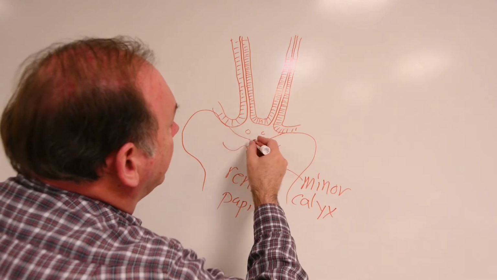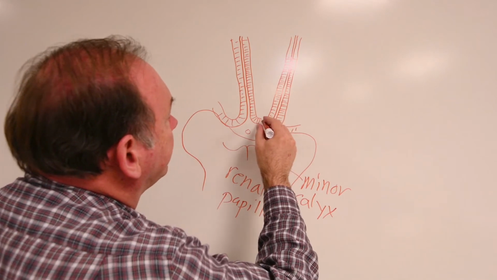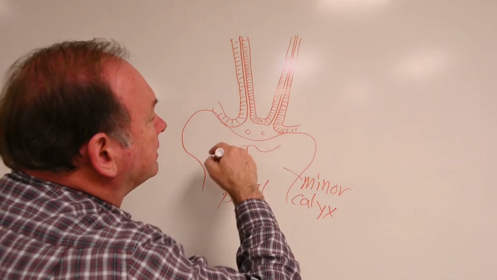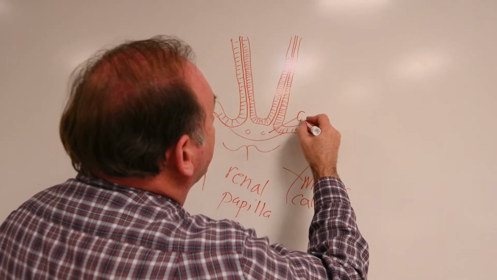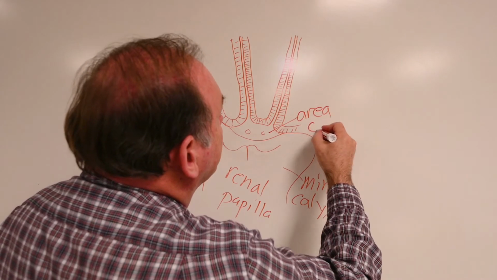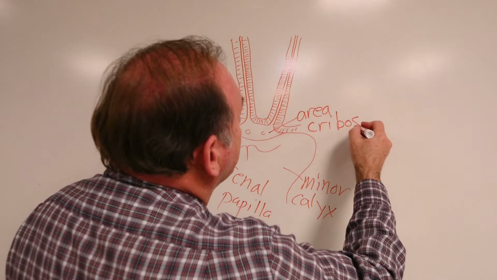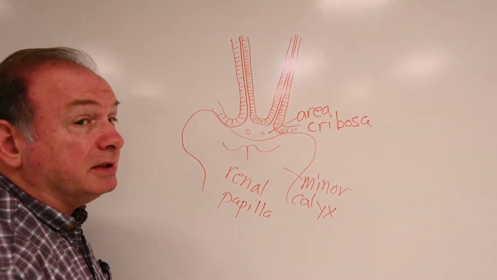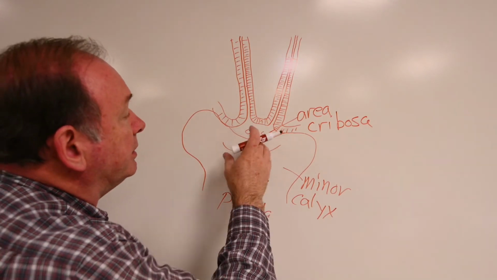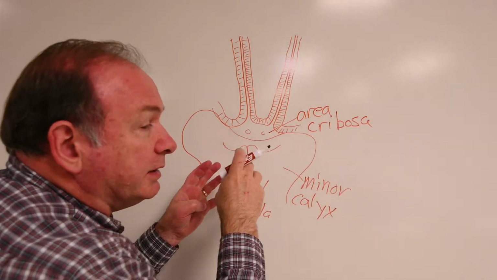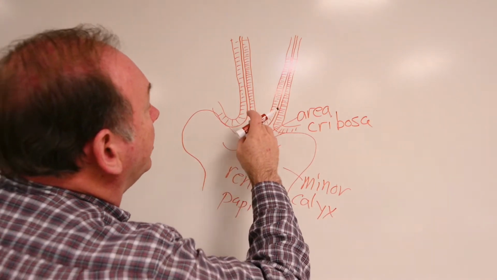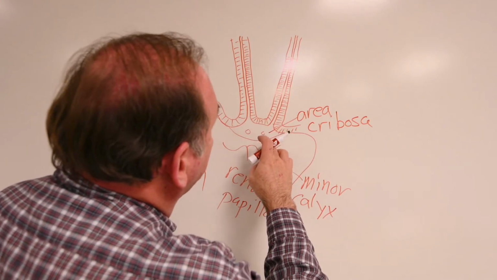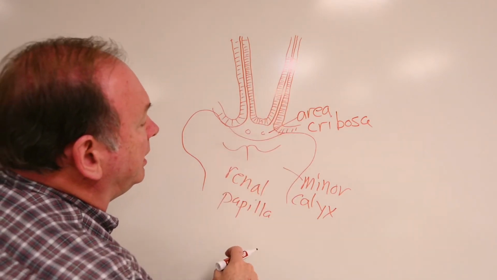This area right here that has all the little holes in it from all of the different collecting ducts that come down here is also known as the area cribrosa. That means it has a bunch of holes in it. Anything that's cribriform has tiny holes in it, like perforations, like a colander kind of arrangement. But anyway, tiny holes in this bump from all the tubes that come in here.